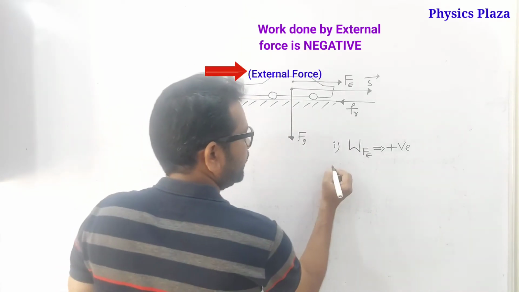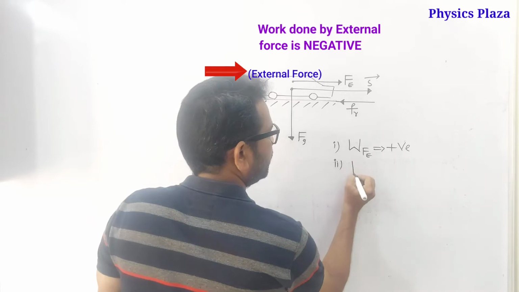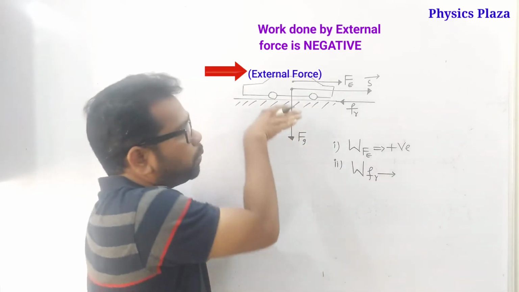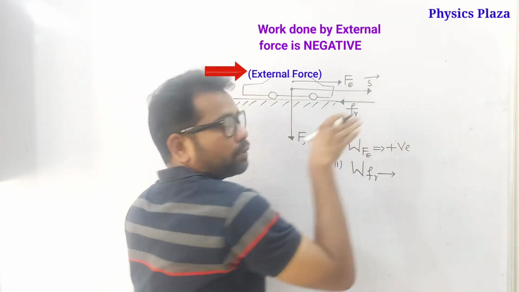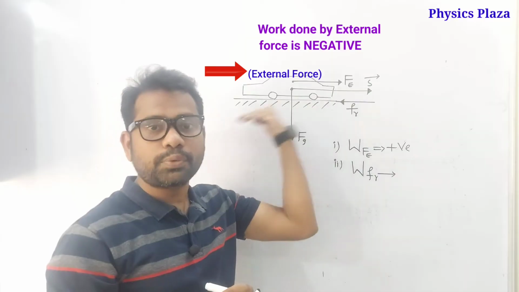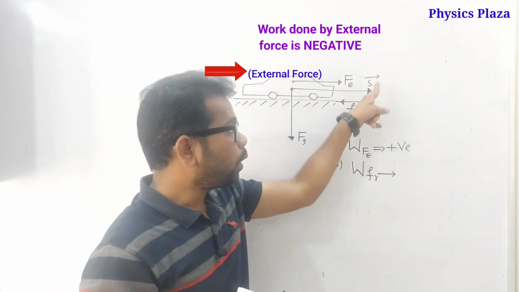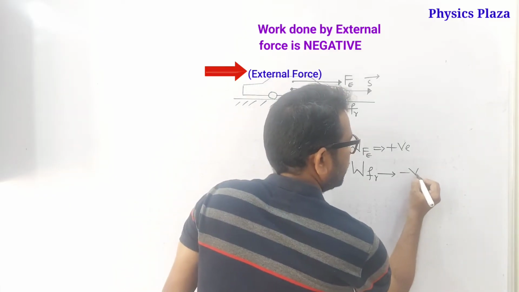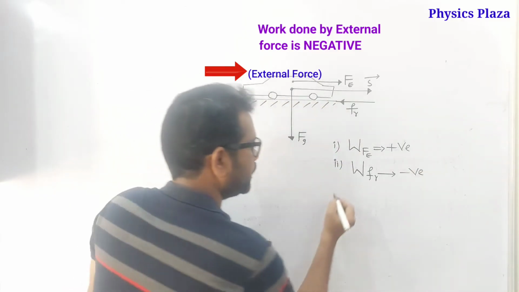Whereas, look at work done by frictional force. The body is displaced along the positive x-axis direction, and the frictional force will be opposite to it. So, whenever the body is displaced opposite to the direction of applied force, the work done will be negative.